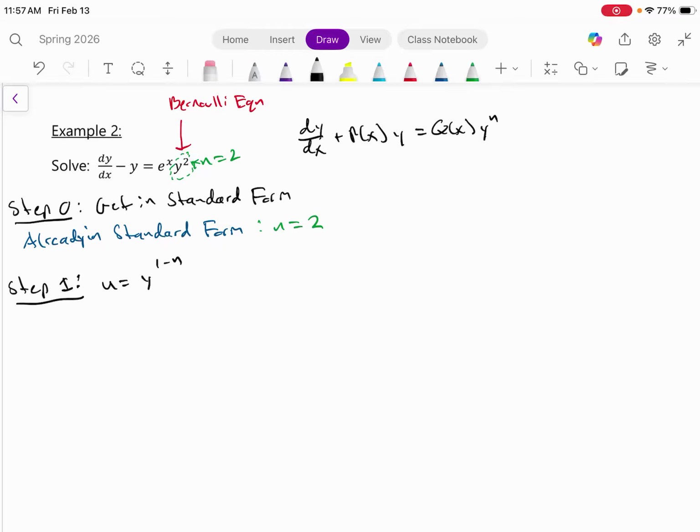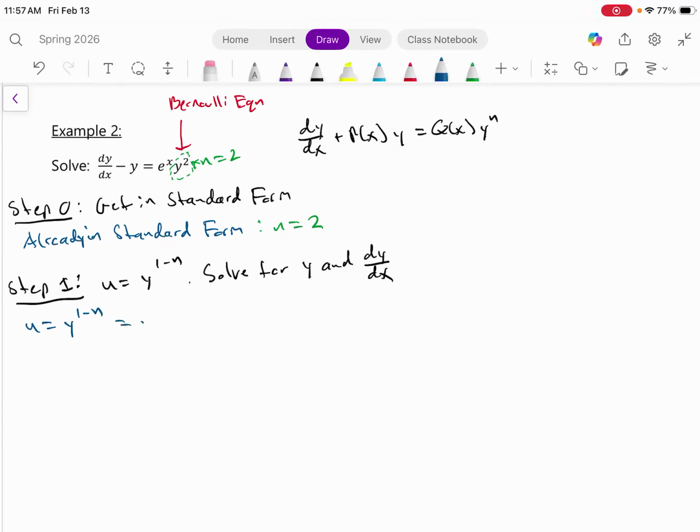So u equals y to the 1 minus n. And we want to solve for y and our derivative of y, dy over dx. So let's go ahead and try that out. So we know n equals 2, okay? And that means u equals y to the 1 minus n, just rewriting it again.